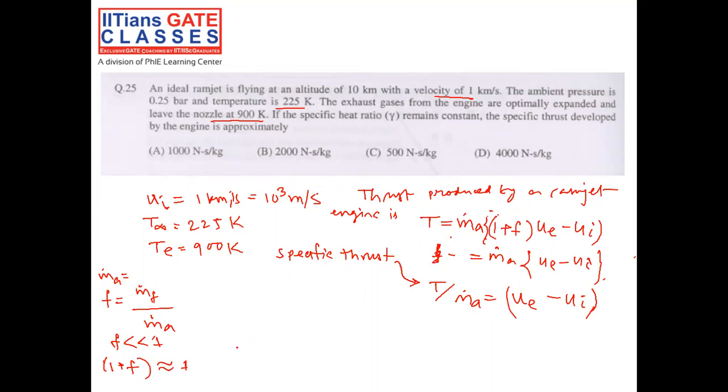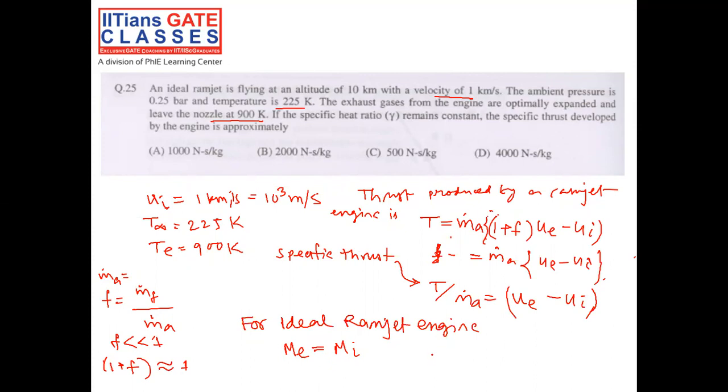Now for an ideal ramjet engine, the Mach number of the exhaust gas is equal to the Mach number at which the engine is moving. That is ME will be equal to MI. So ME is the Mach number of the exhaust gas, and MI is the Mach number at which the engine is moving. So for a ramjet, these are equal, ME equal to MI.